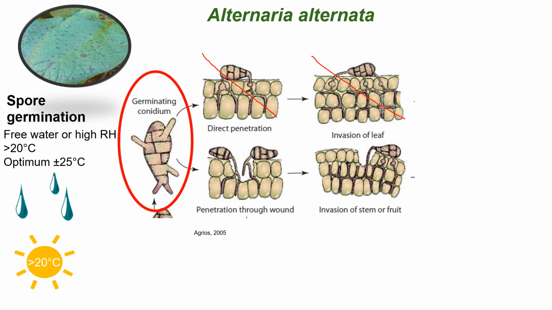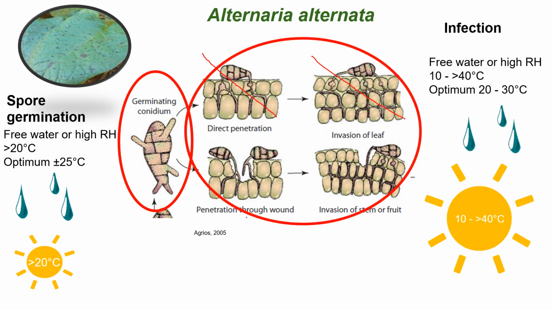So already we see that spores of Alternaria alternata germinate at a higher temperature than those of Alternaria solani. Infection is very similar again, except here you'll see that the temperature range is a lot wider. Alternaria alternata can infect up to 40 degrees. The optimum again is between 20 and 30. So generally one will see Alternaria alternata infection under warmer conditions rather than Alternaria solani.